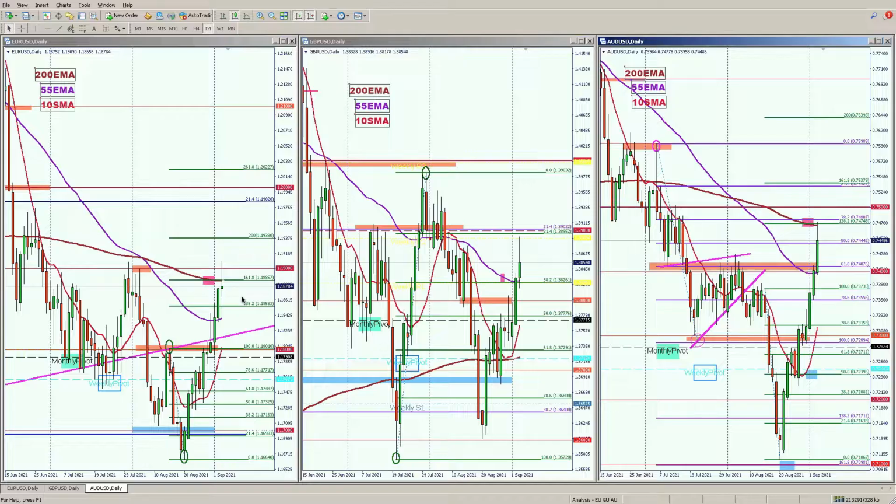And you can see all three major pairs are bullish for the week, as expected, because of follow through from the previous week's bullish sentiment.